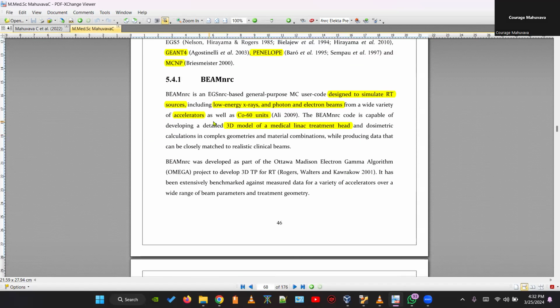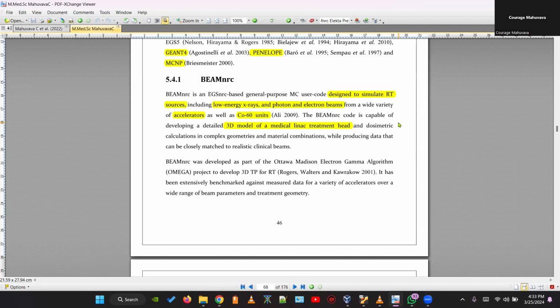So very quickly, BEAMnrc, like I said, is used to simulate the radiation source, which includes the linear accelerator and cobalt 60 units. It can also simulate low voltage X-rays. So it means it can simulate kilovoltage units that we know as superficial and orthovoltage units, right? For example, there are some units that are used for small animal experiments.